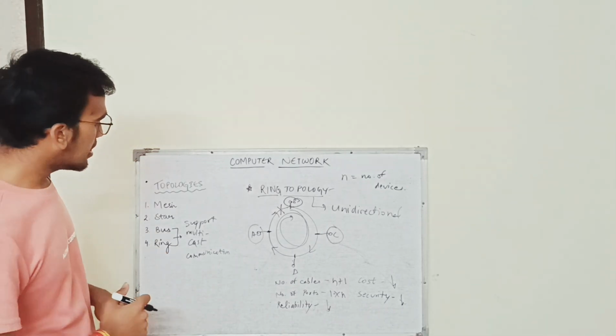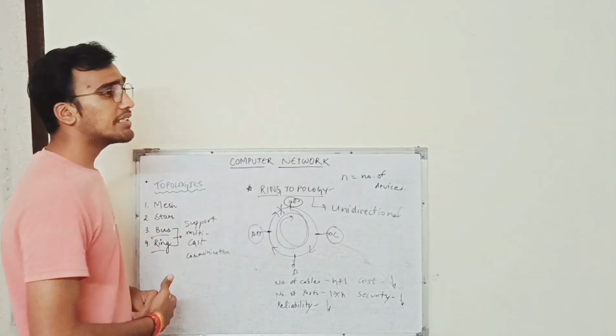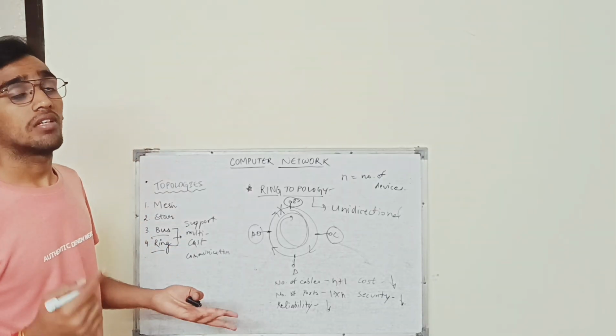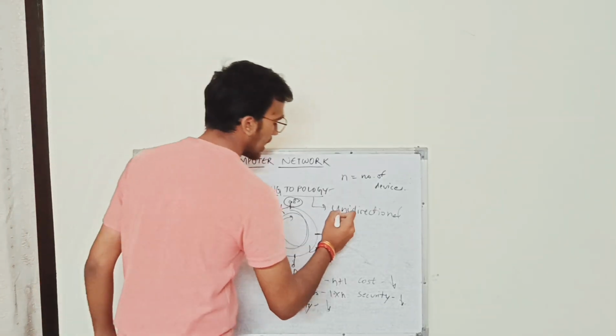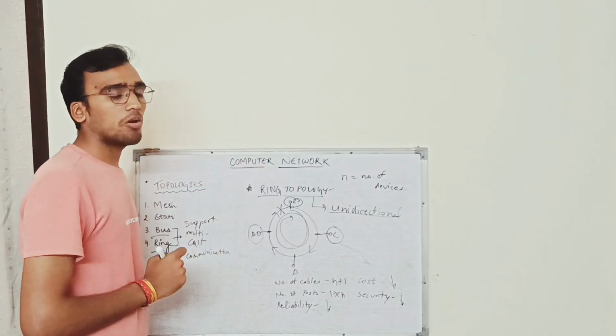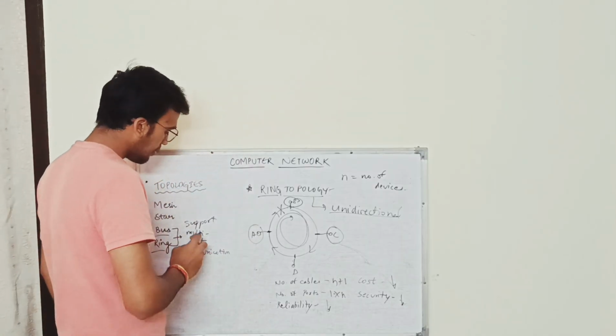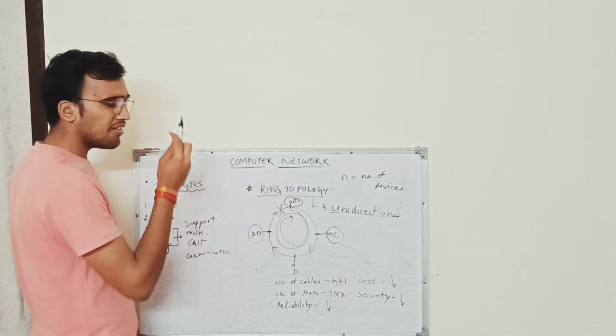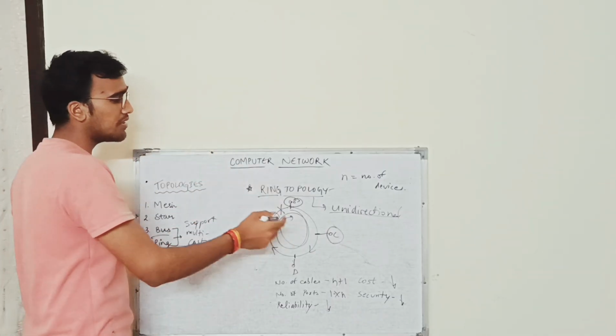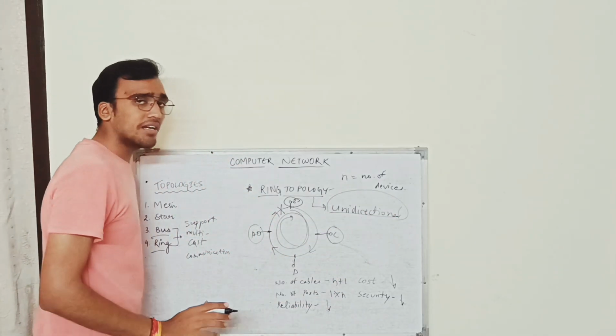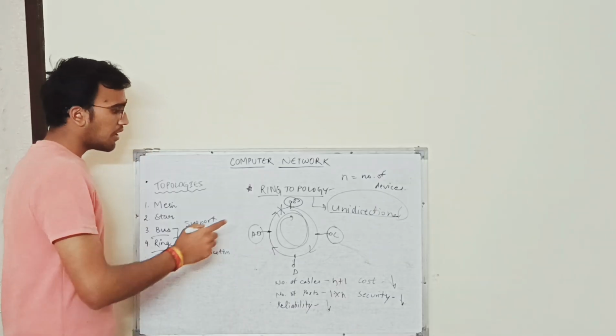So what's the difference between the bus topology and the ring topology? The difference is that the ring topology is unidirectional. In both, there is otherwise no difference. The only difference is that it uses unidirectional communication.